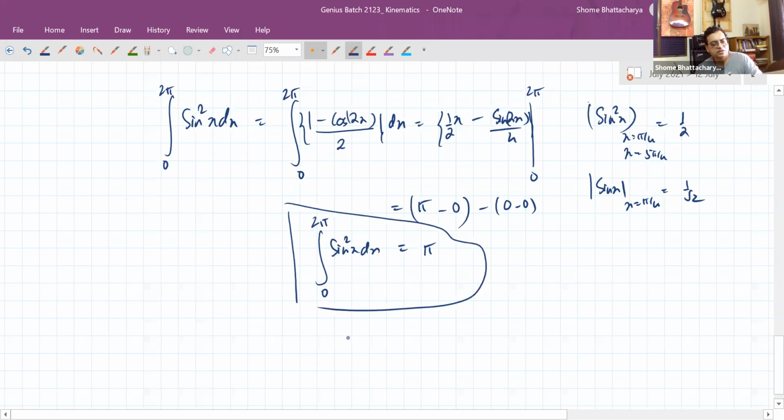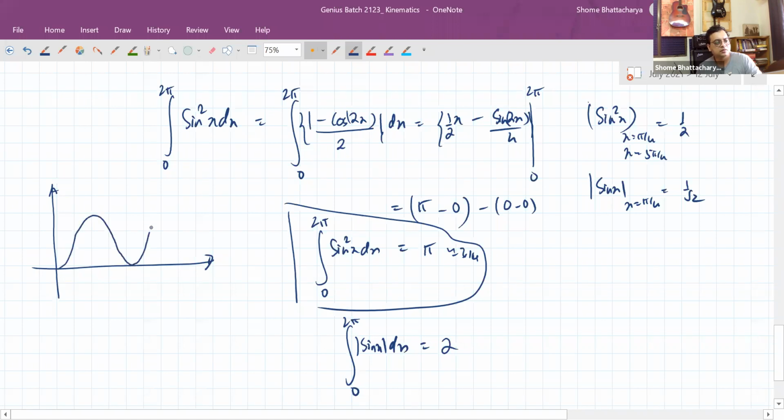Whereas we just saw that mod sin x from 0 to 2 pi was giving us the value of 2. So this is a larger area, about 3.14. The reason why that happens is that if you compare the graph of sine square x, it's a little bit bulging like this, compared to mod sin x, which will be more like this in comparison.